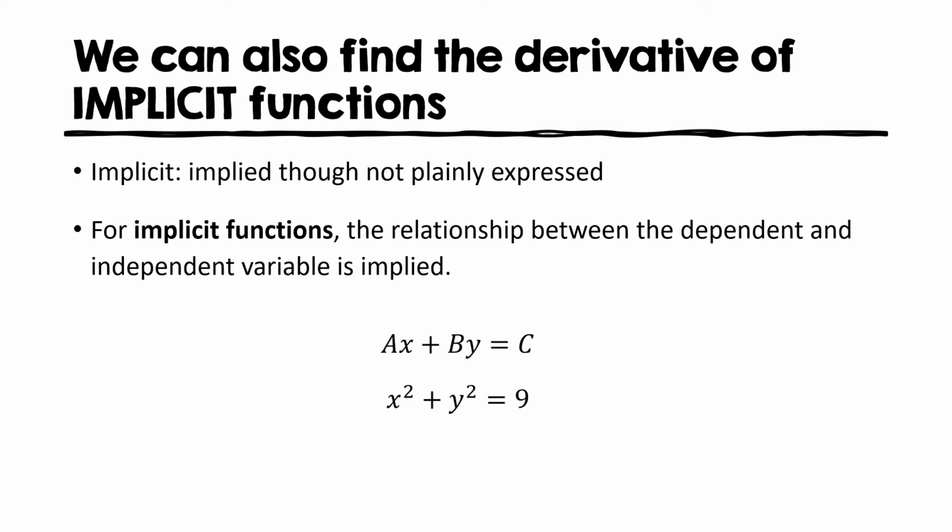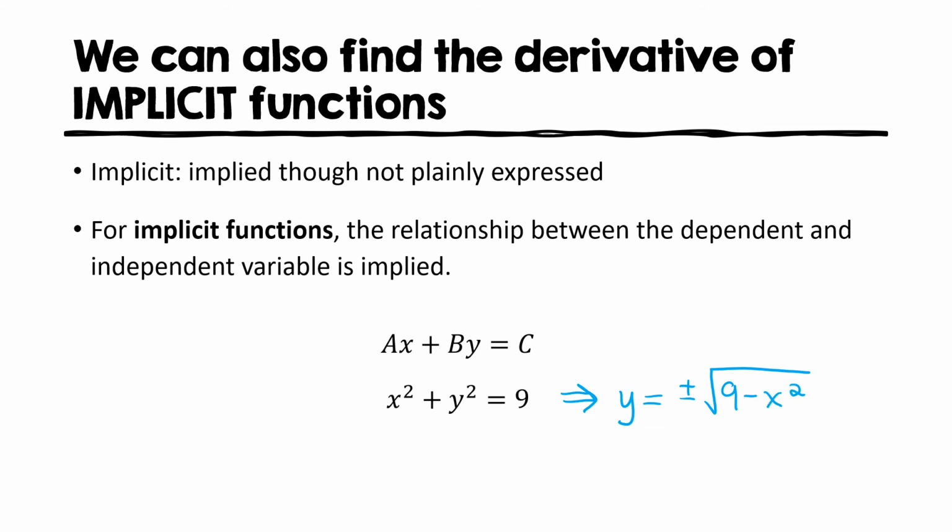We don't know exactly what y is equal to, but we know the relationship between y and other pieces, usually our input, x, and we can kind of figure it out. So sometimes implicit functions can be solved for y, and we can turn them into explicit functions. So this would be y is equal to plus or minus the square root of 9 minus x squared.